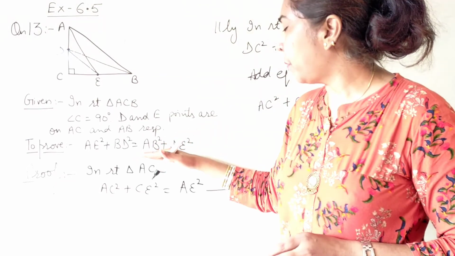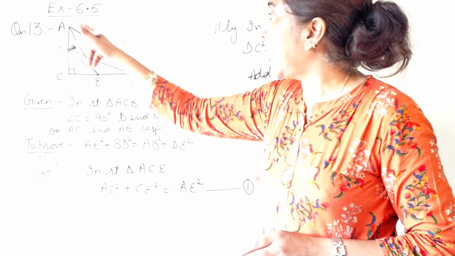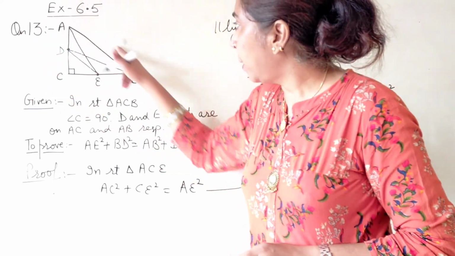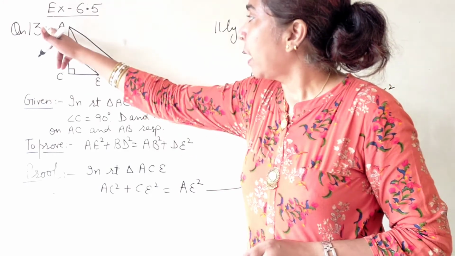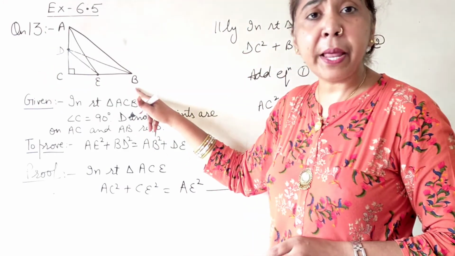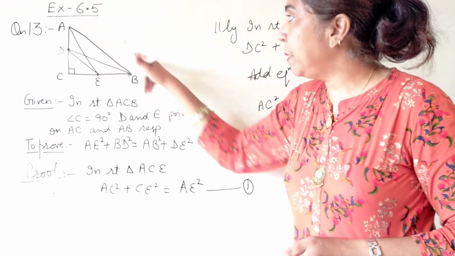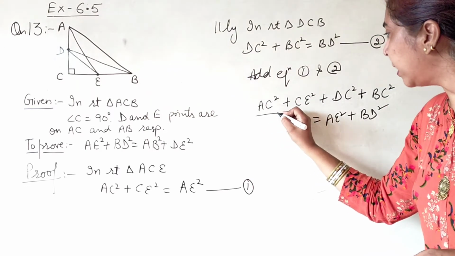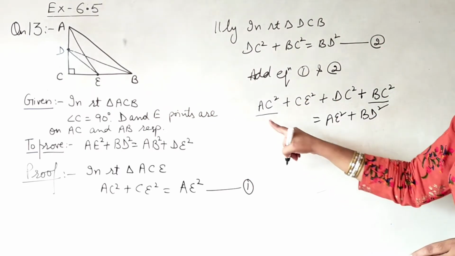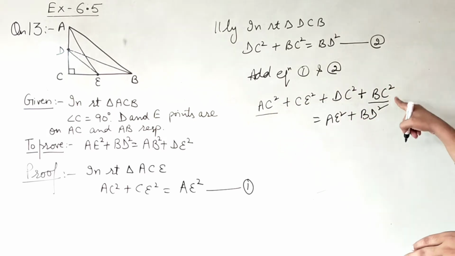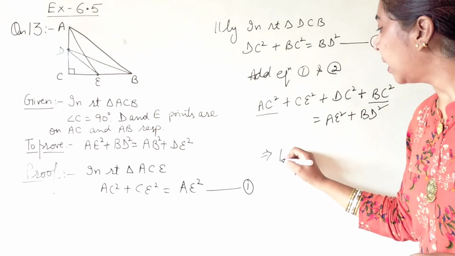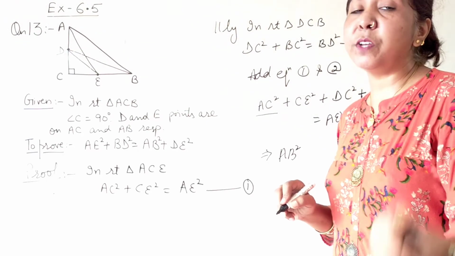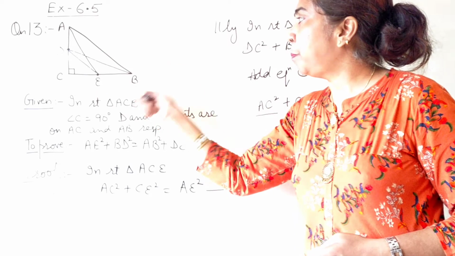Now, on the right hand side, we want AB square, and AB square is present in the right triangle ACB. I can get AB square from AC square plus BC square by applying the Pythagoras theorem. So the sum of these two squares, AC square plus BC square, is equal to AB square, in triangle ACB.